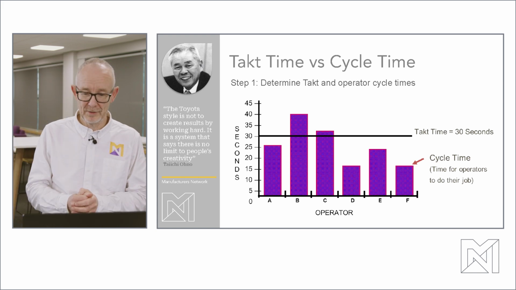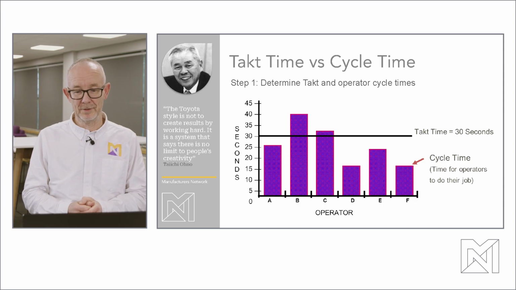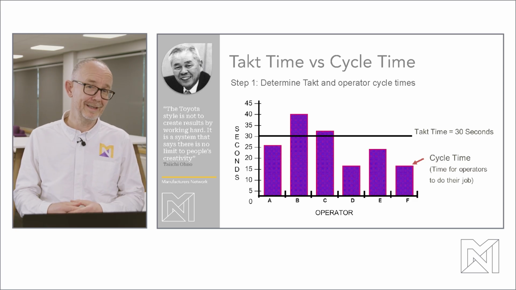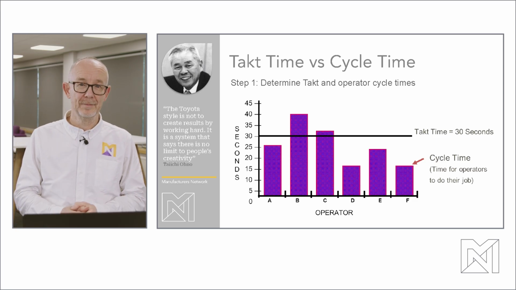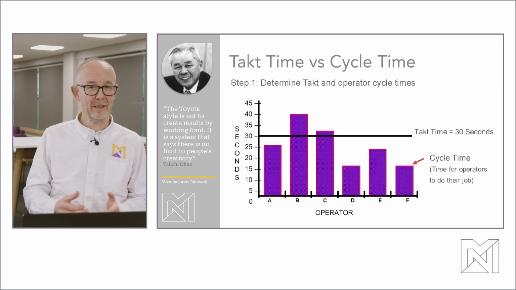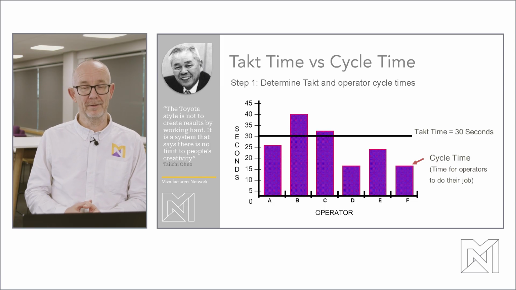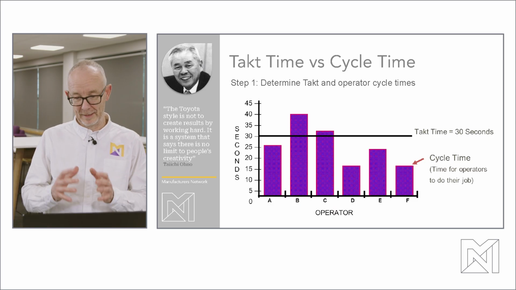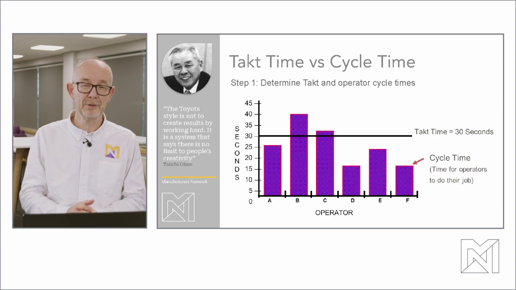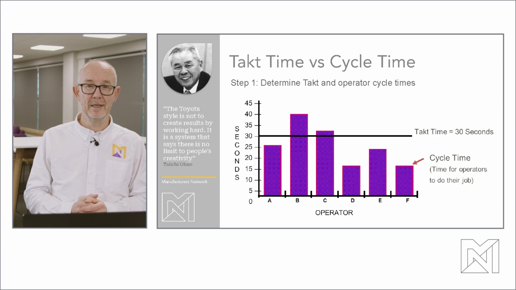And in this case, we can see there are a couple of instances where the cycle time is actually exceeding the takt time. And that's telling us that we don't have the required capacity, that we can only produce at the pace of the slowest operation, which in this case is stage B.